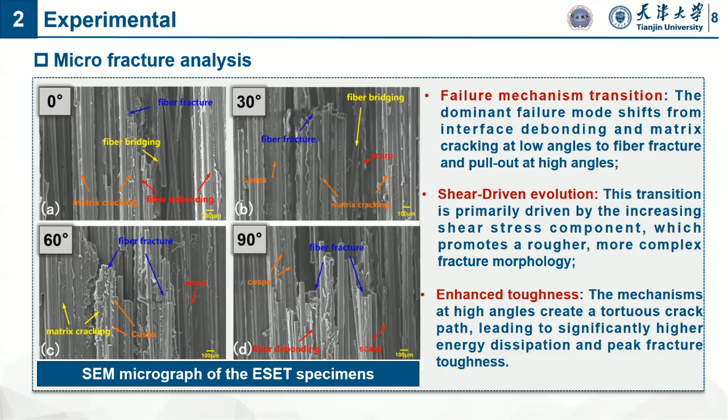The transition is primarily driven by the increasing shear stress component, which promotes a rougher, more complex fracture morphology. So we can observe enhanced toughness for the specimen.